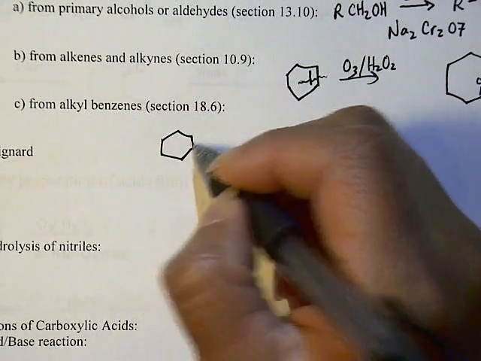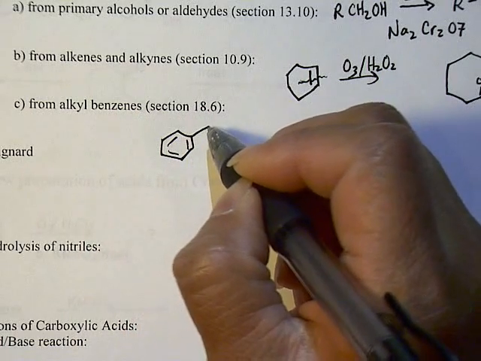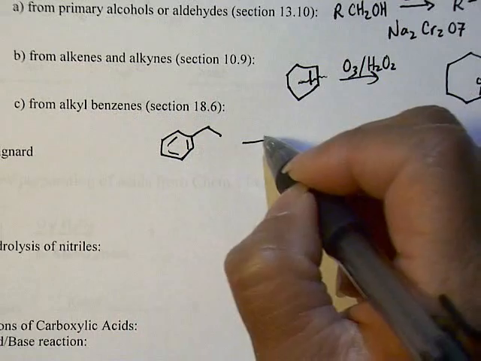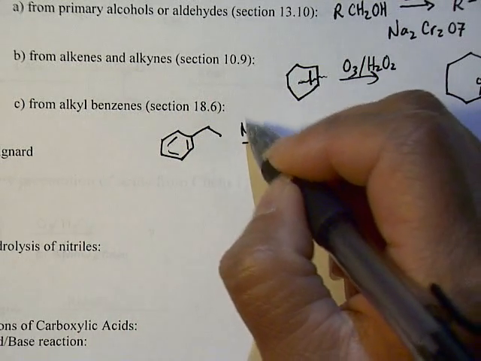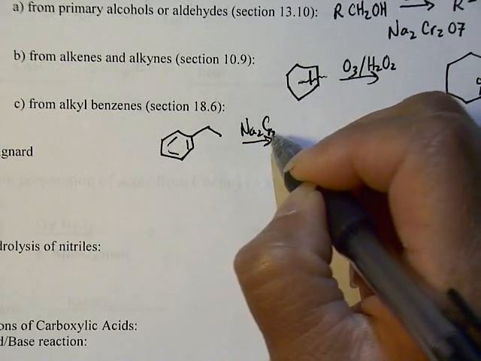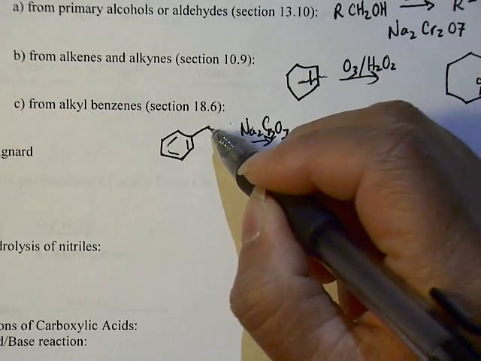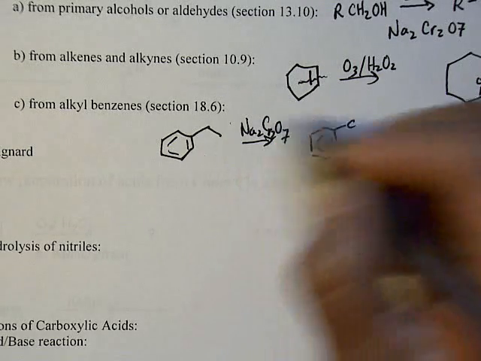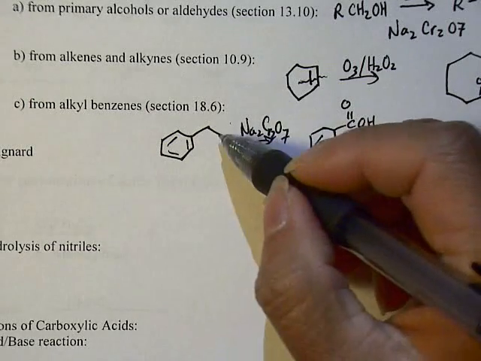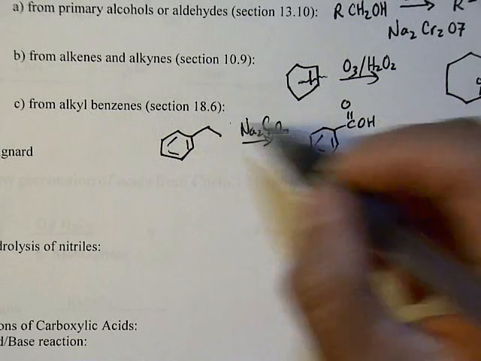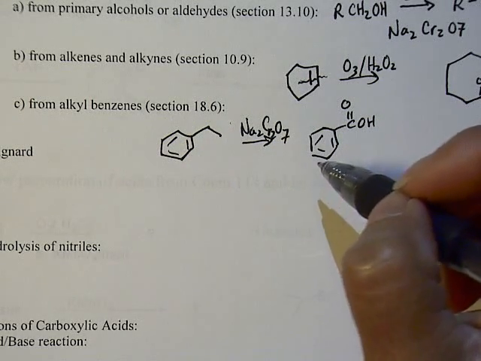If you have a benzene group with some kind of benzylic carbon, then with chromic acid you basically cleave anything that is attached to that carbon, and that benzylic carbon becomes benzoic acid. So you're losing whatever carbon is attached to that carbon, and this is a quick and easy way to get benzoic acid out of benzylic compounds.